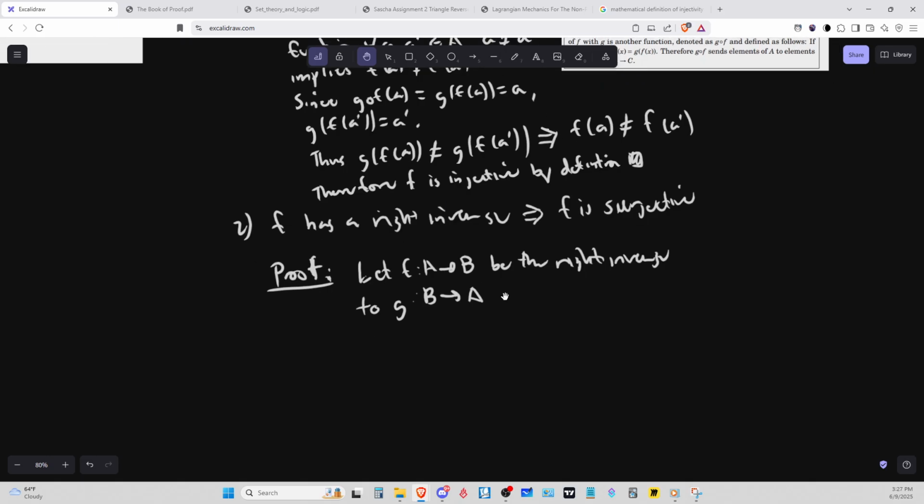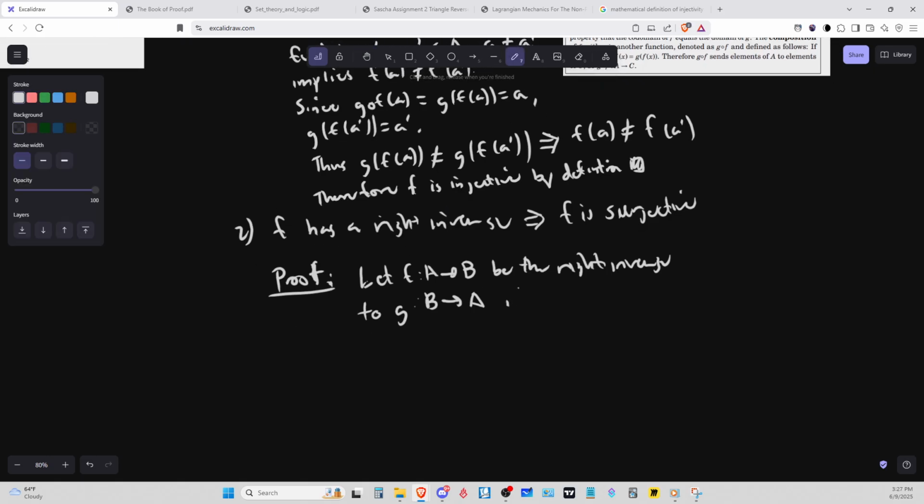If f equivalent to... I think that's how you would show something is a right inverse, or at least how to find it.